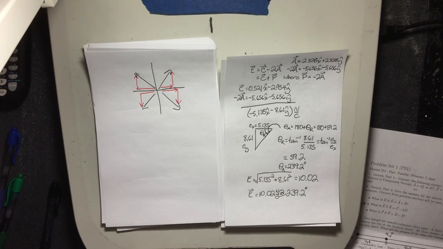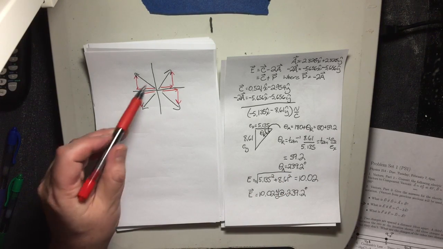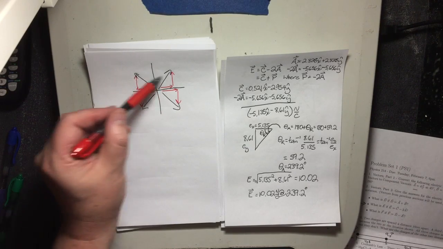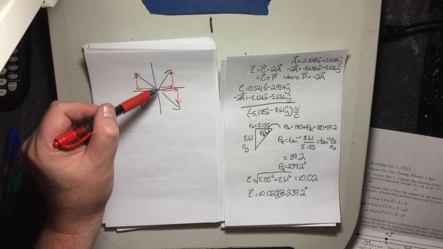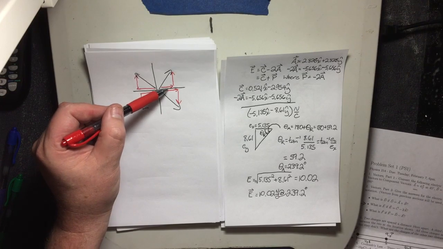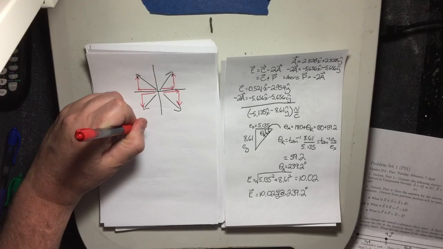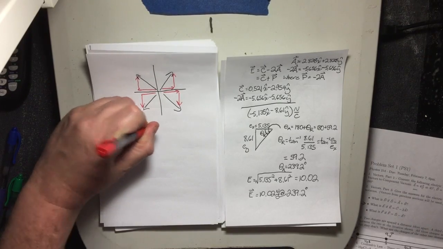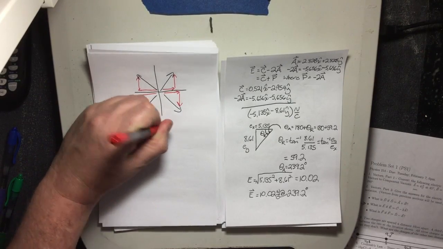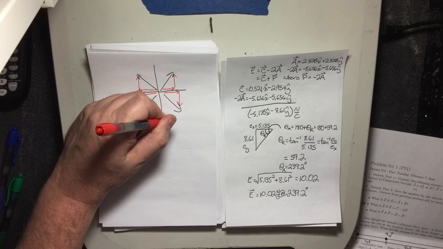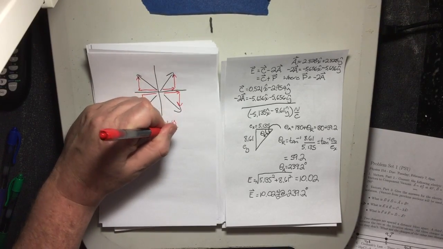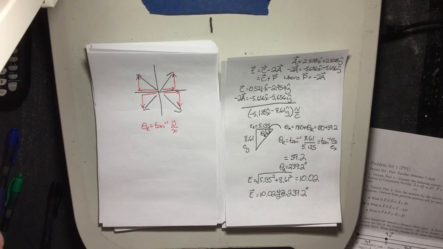I call it the vector butterfly. If you draw your triangles like this, where the x is moved first and the y is moved second, then you can always say that the reference angle is the inverse tangent of the y component divided by x.